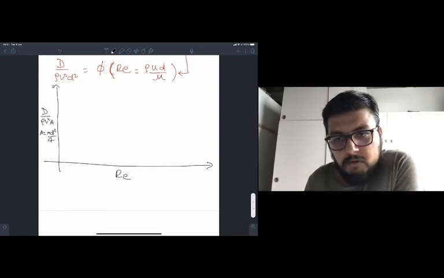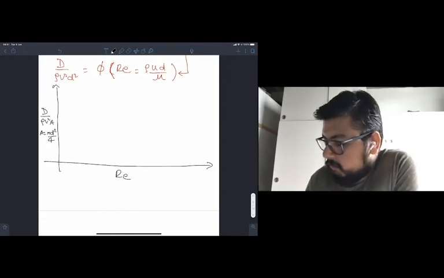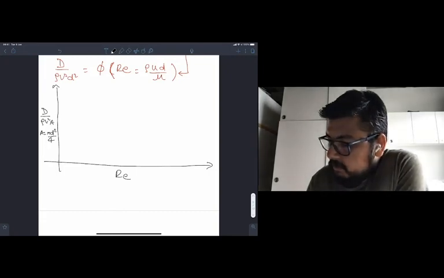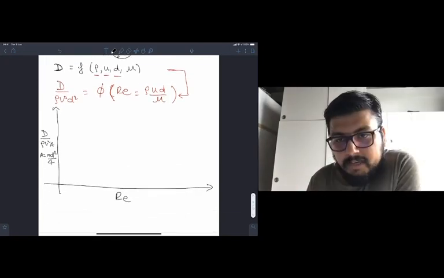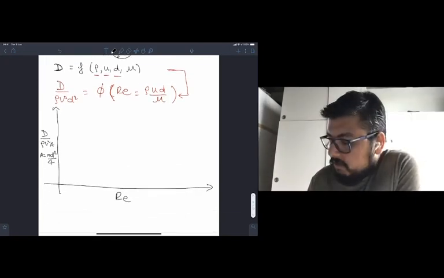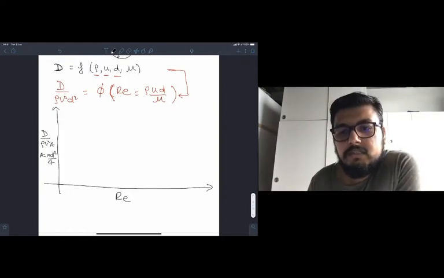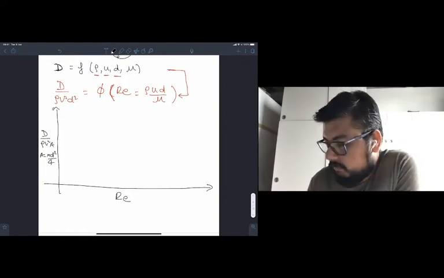But before we plot the experimental results and try to see what happens, let us think about the problem a bit more. So another way in which dimensional analysis can help us is to identify the dominant forces in the system.